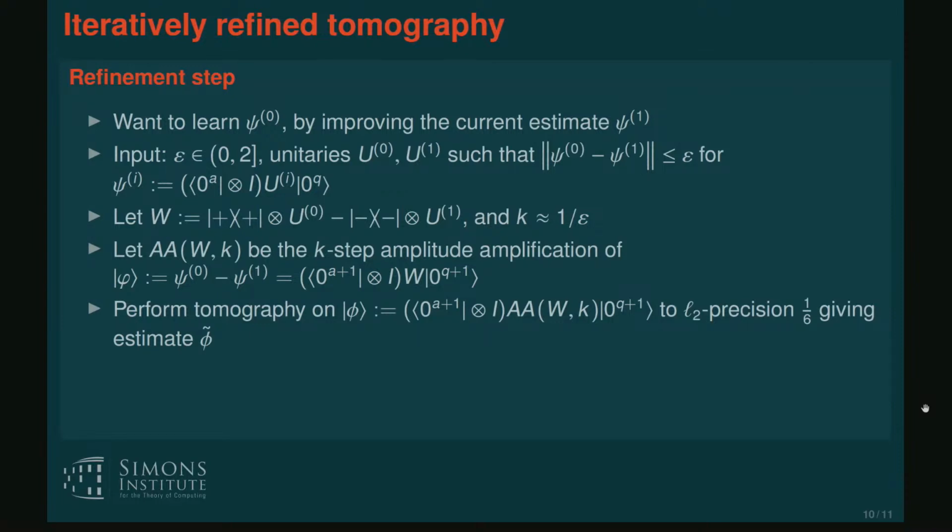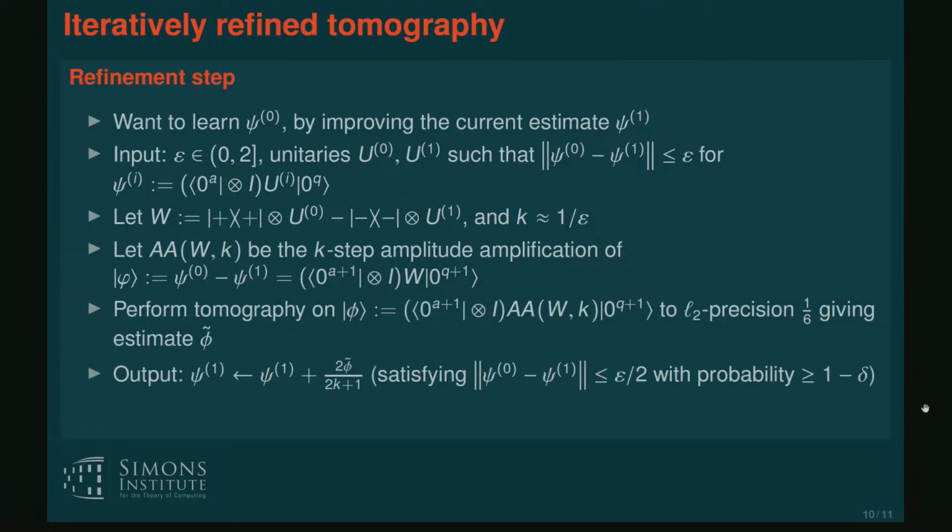So any error that I make at this level of magnification is shrunk by a factor of epsilon when I put everything together and multiply it back. And so this is the idea that I only do constant precision tomography on this very much magnified state. And so in tomography, I only pay something like order D cost.